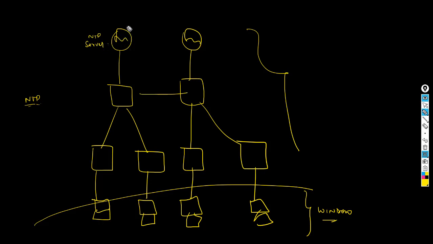Let's say we were using a customized clock, making use of GMT. So all other devices will start following the NTP server. So basically, I have to make use of NTP server client over here, and these all act as NTP clients.